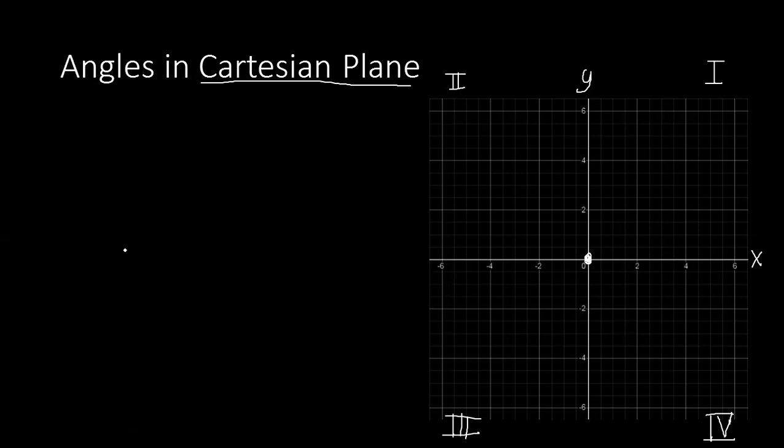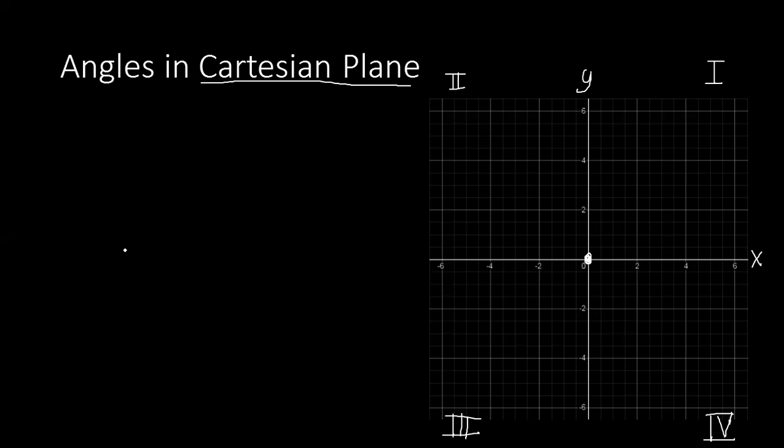So here, we can use Cartesian plane to form angles, which has a lot of benefit because these are all useful to our future lessons, especially if we're going to apply them in real life situations. So that's the first thing: the application of Cartesian plane in forming angles is very useful.